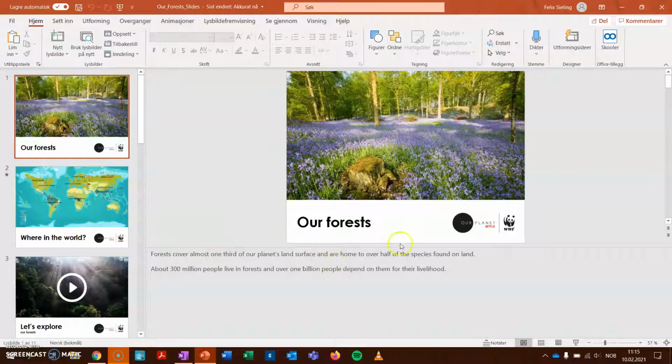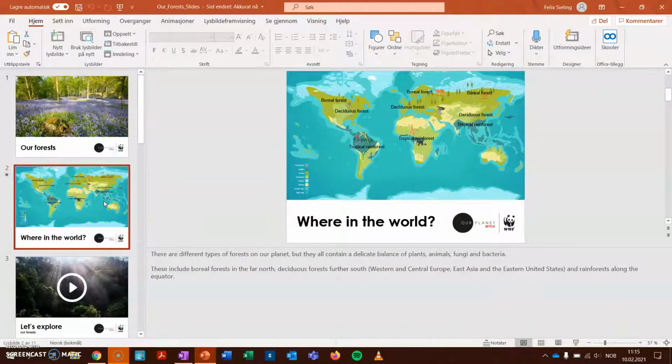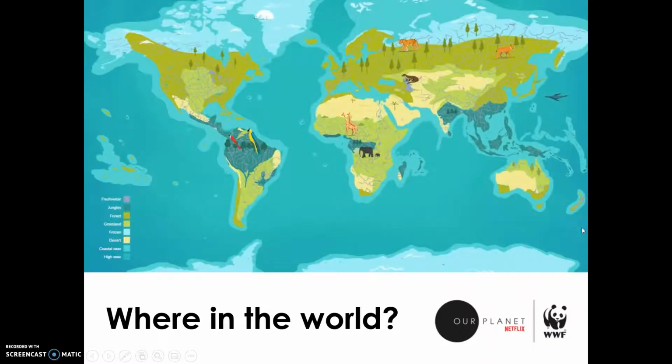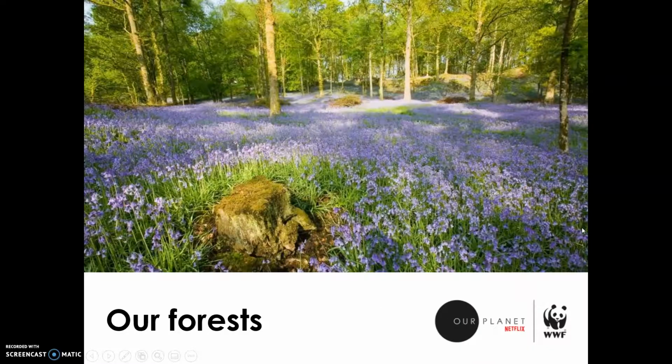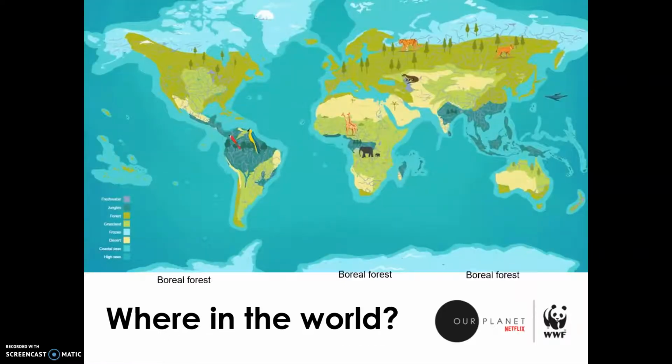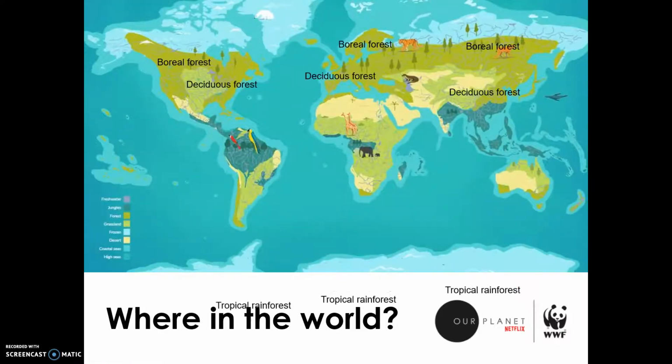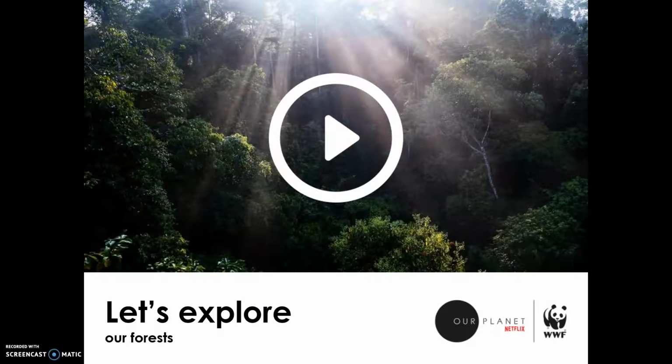Now the thing is that this is the PowerPoint that you will start presenting from. There's no need to make your own, but make sure that you go through this as if it was your presentation. So here you are, where in the world? You start here, next, then all these pop up so you can see what happens.